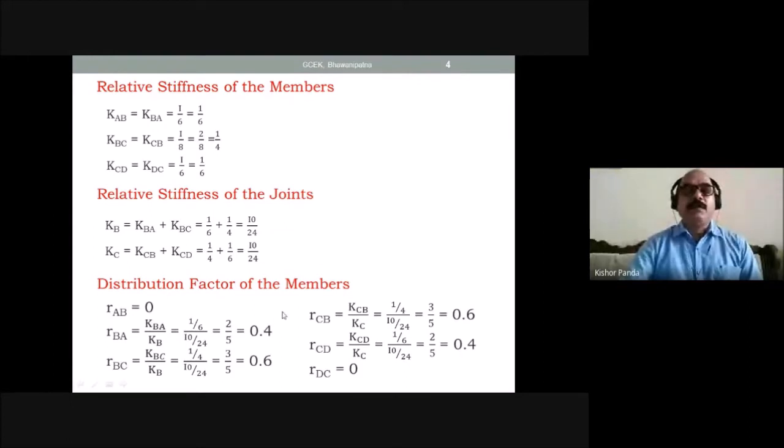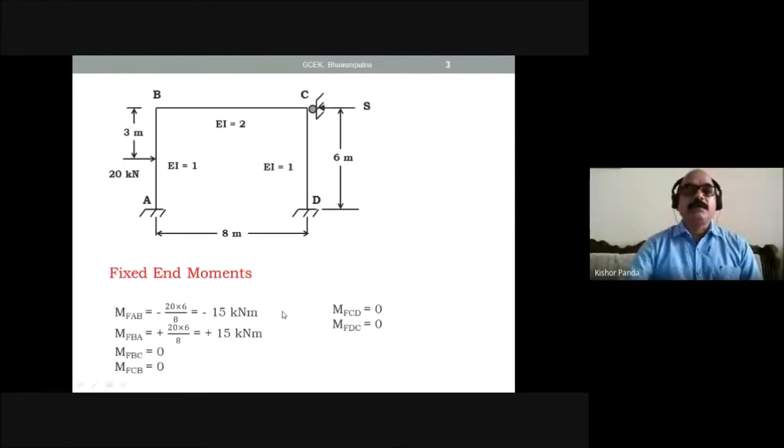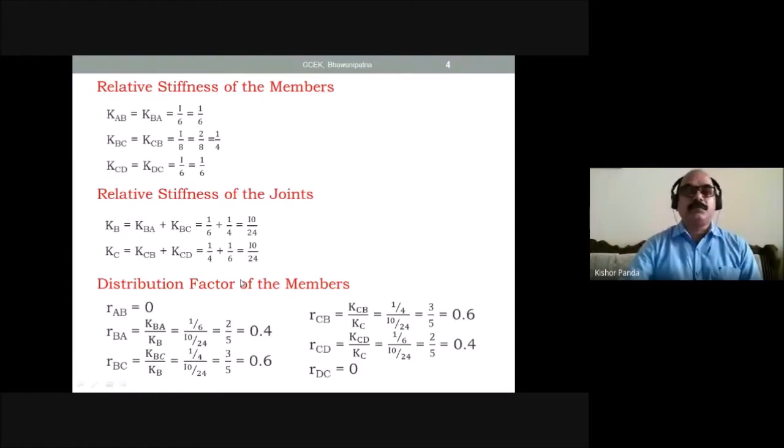Then you have to find out the final moments, because here you know the fixed end moments for non-sway analysis, and you have got the relative stiffness of the joints and the distribution factors. Then using this, by balancing and carryover and distribution of the moment, you have to go through 3-4 cycles of the iterative process.